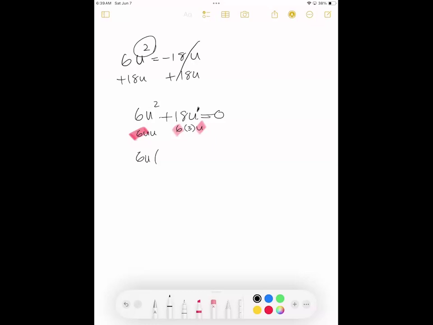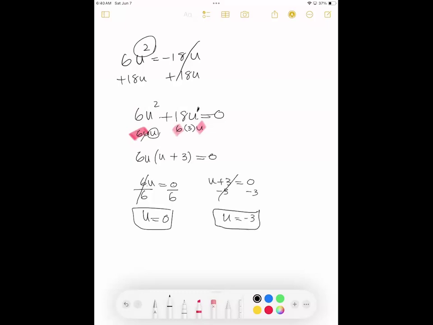If I take the 6u out, I'm left with 1u, and from here I have a plus 3. So then I let 6u equal to 0, or u plus 3 equal to 0. If 6u is equal to 0, you try to get rid of that 6 that is being multiplied by dividing both sides by 6. 0 divided by 6 is 0. Here you subtract 3 from both sides, you get u is negative 3. So the solution is 0 and negative 3.